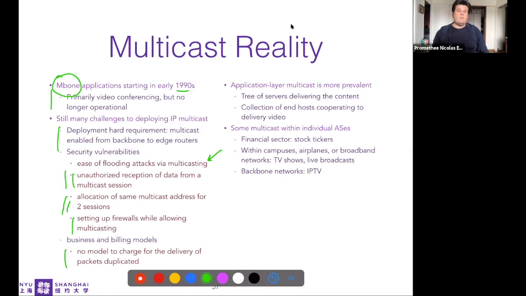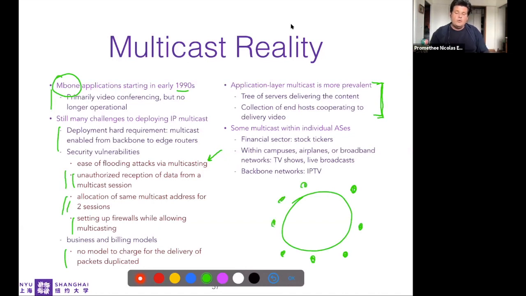So you're going to say, so what? Multicast is a big failure? Well, nowadays when you use multicast, mainly it's application driven. It means that when they do multicast, they do it at the application level. So when you install your application, let's say peer-to-peer live TV, you have your receivers.